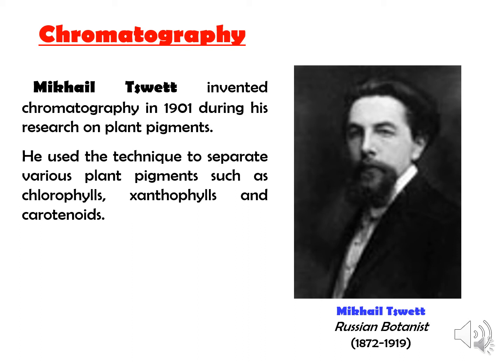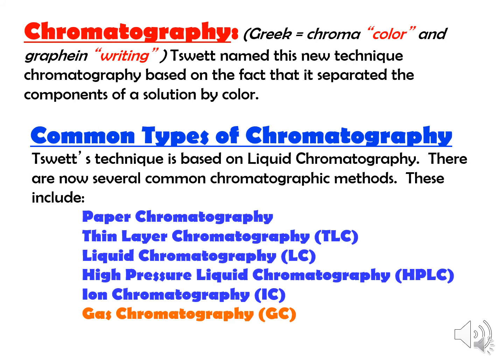In the process, he saw the separation of some of the pigments in the plant material, the chlorophylls, xanthophylls, and carotenoids, and saw the different colors and realized there's something going on here. He called this chromatography, from the Greek chroma, color, and graphein, for writing, so color writing. Tswett named the new technique based on the fact that it separated the components of a solution by color.